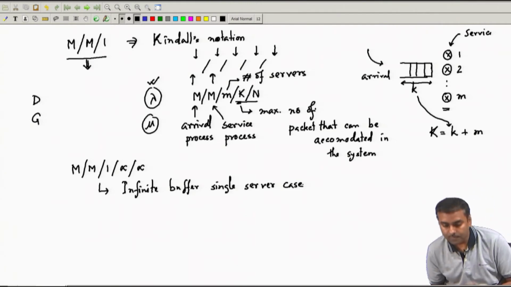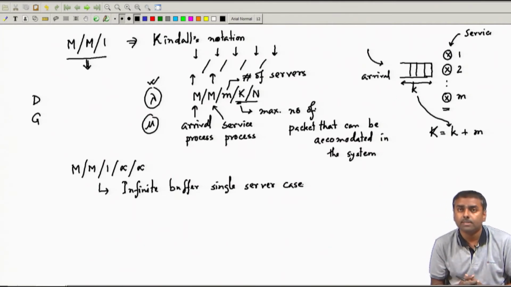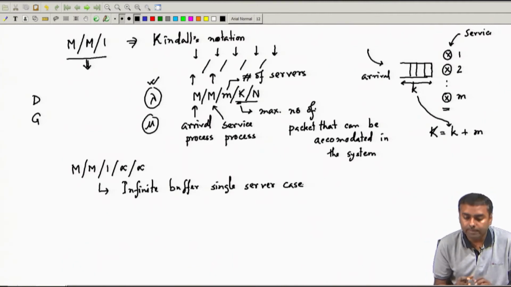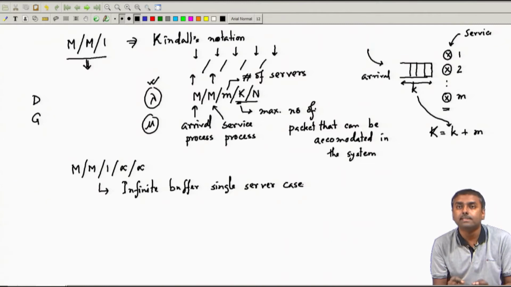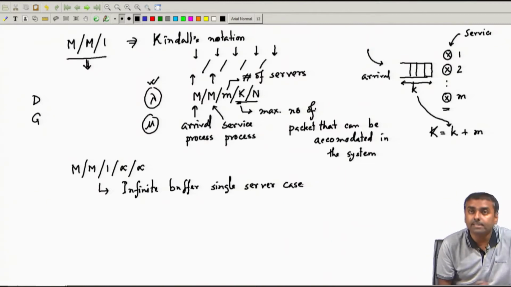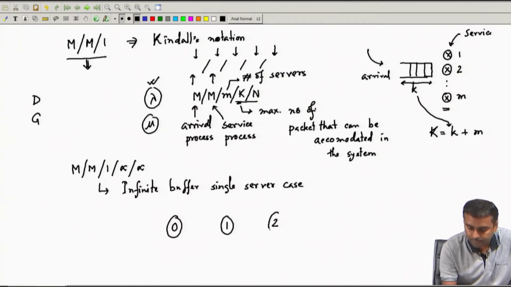Let us now try to see, because everything is Markovian, what can be the state description now? The state description, as we have already discussed, because all are Markovian, I can just describe the states by the number of customers in the system. So, that is countable. The state is defined by only one value: 0, 1, 2.